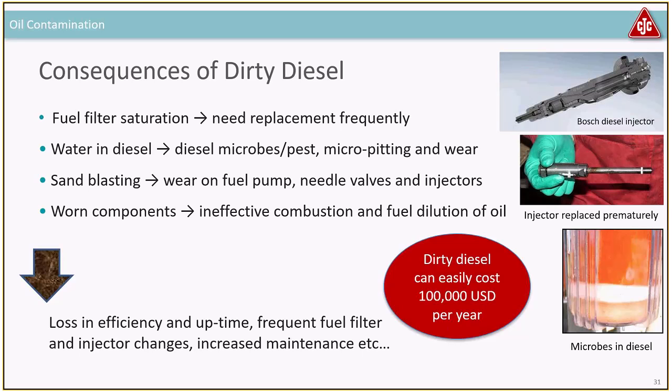I've seen some areas where they say the injector life would normally be 18 to 20,000 hours. But if they're having issues with dirty fuel, you're seeing 2,000 to 4,000 hours of injector life. So you are almost getting a tenth of the injector life compared to what it should be. So huge amount of money you can spend on that.